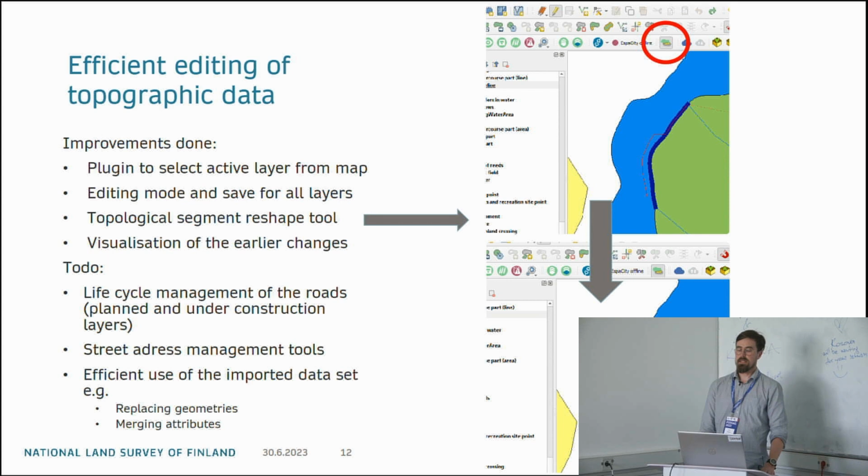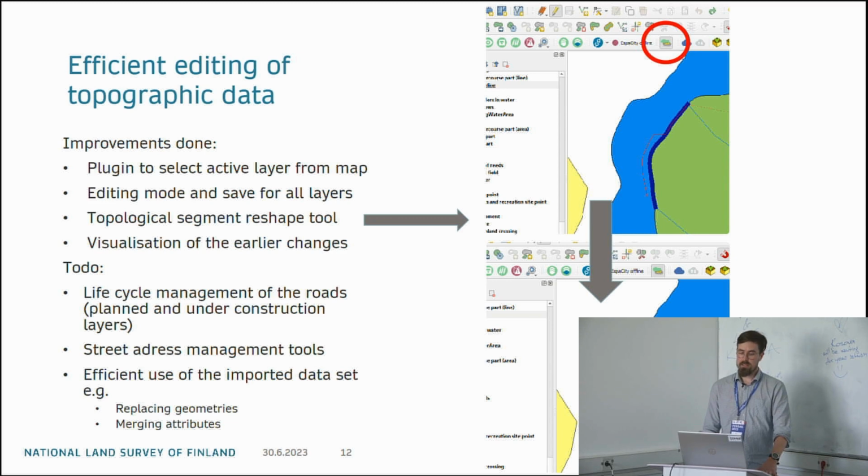For the efficient editing of topographic data, we have done some improvements to QGIS tools. We have created a plugin to select the active layer from the map. It can be used both from QGIS and from the stereo mapping view. Then we have enabled editing mode and save for all layers.